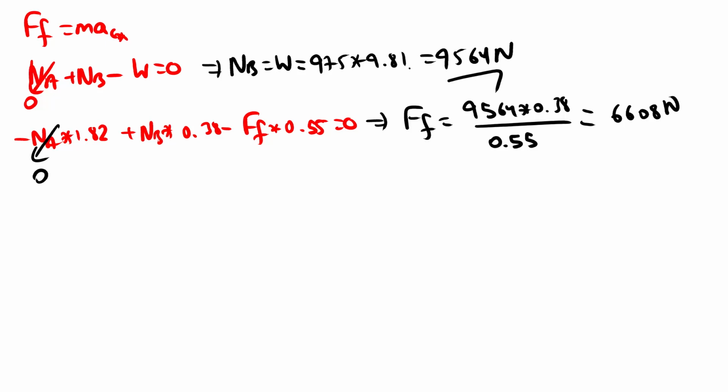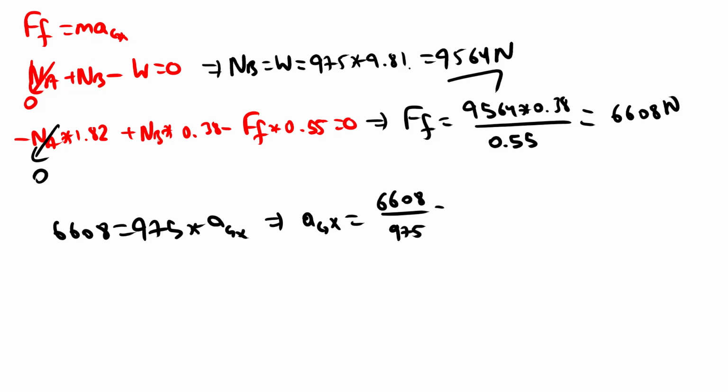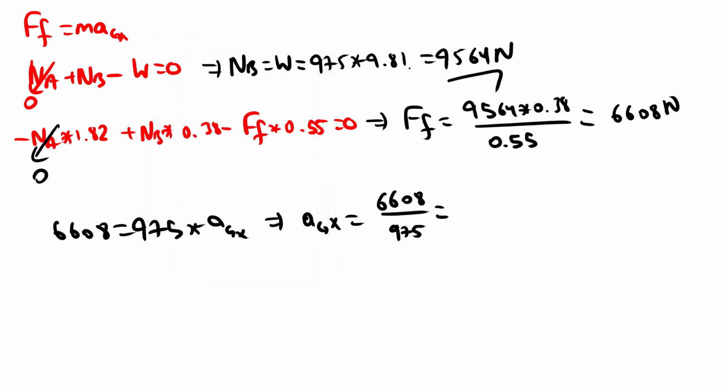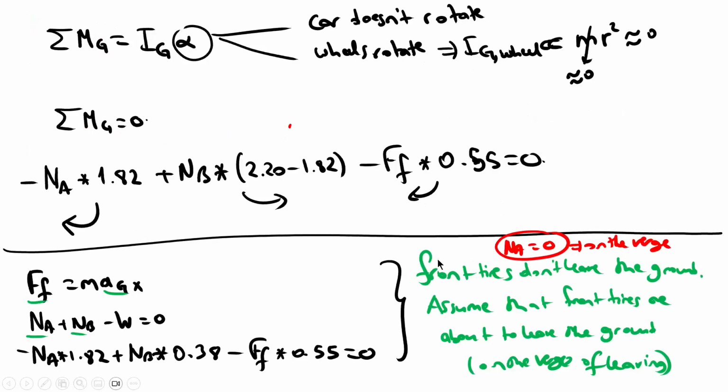That is F of F, and then the acceleration will be 6.8 meters per second squared. Okay, those are the equations and then the result for the first part.